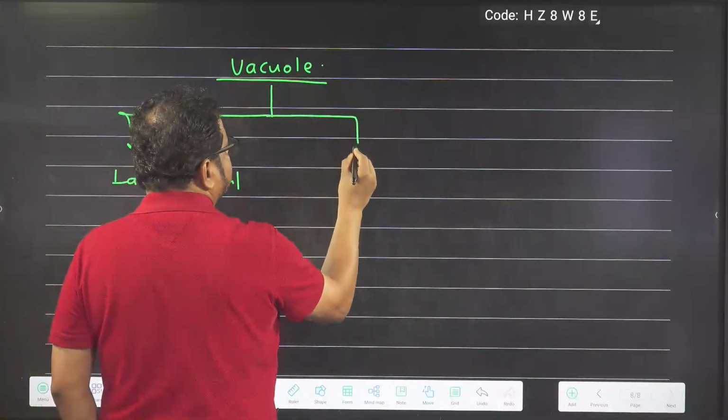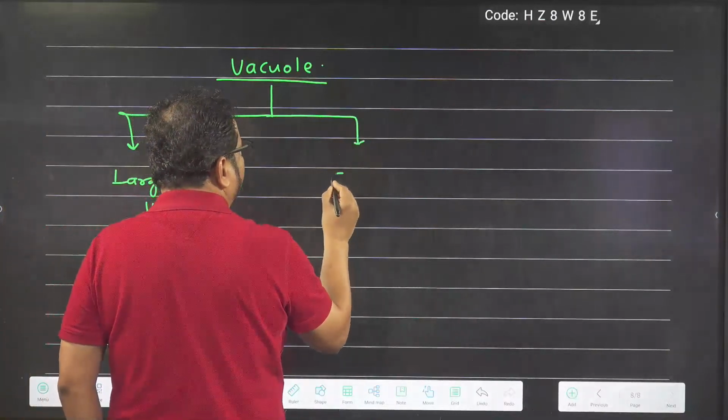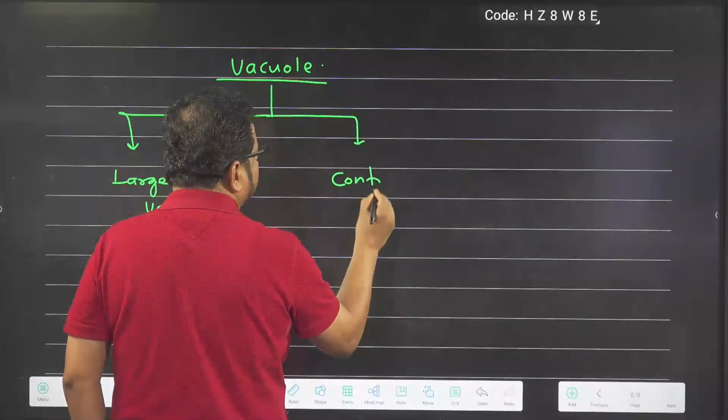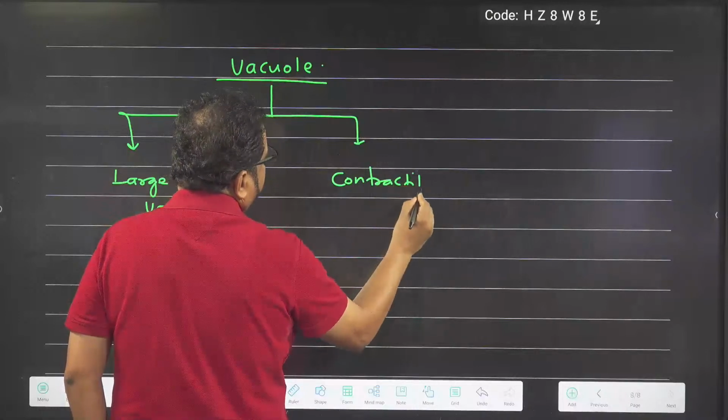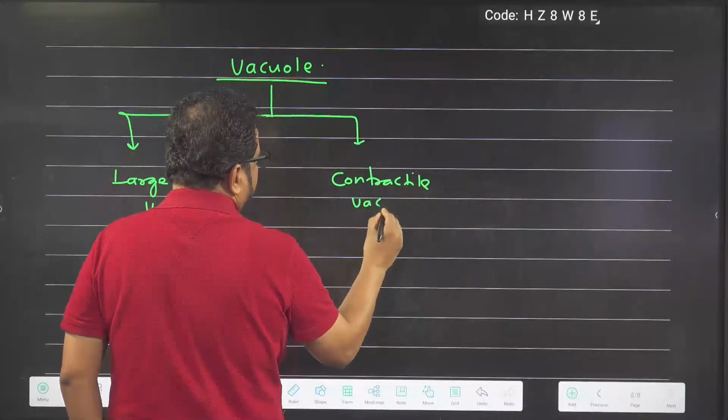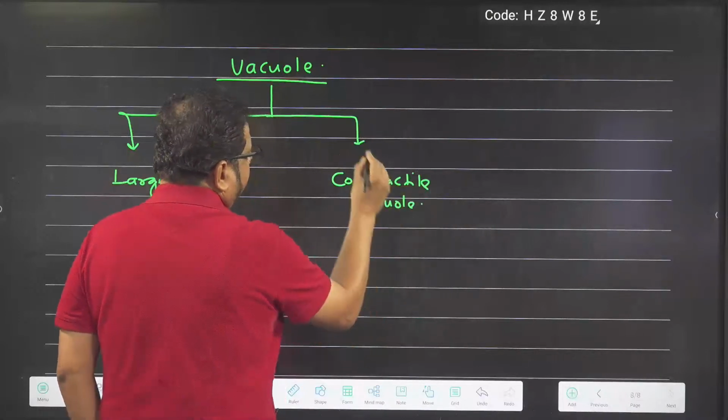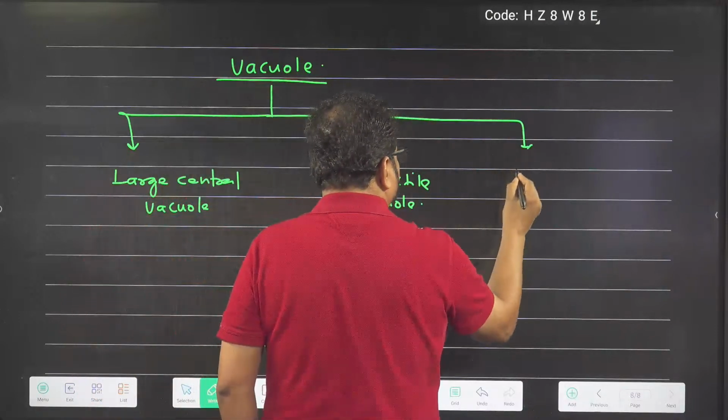Another one is contractile vacuole. And another one is food vacuole.